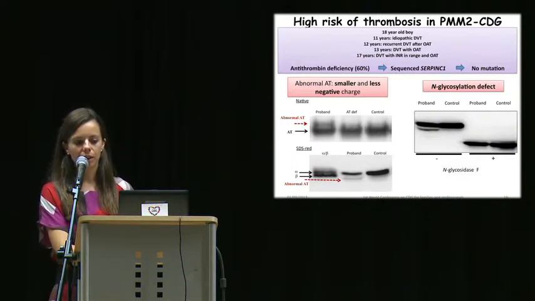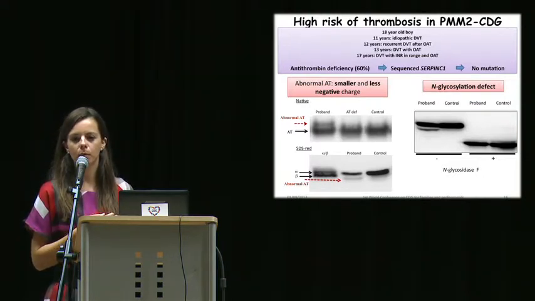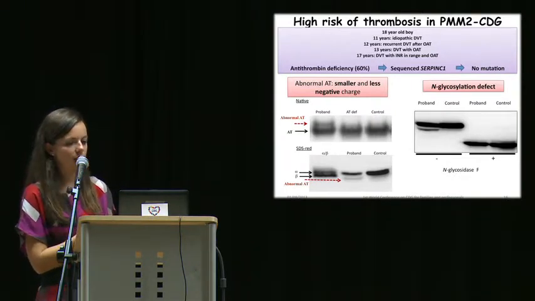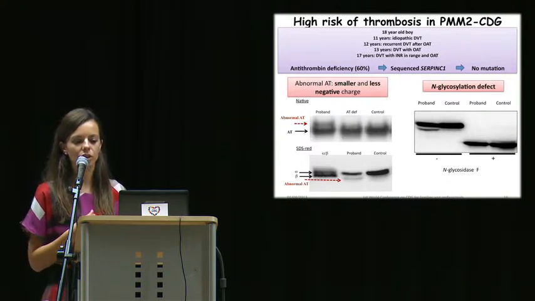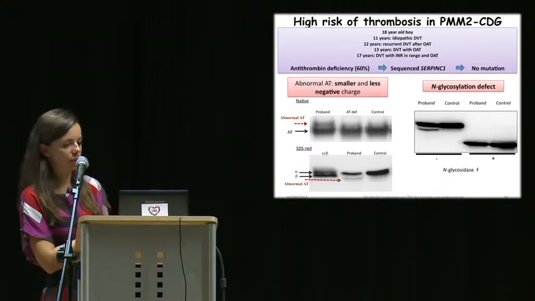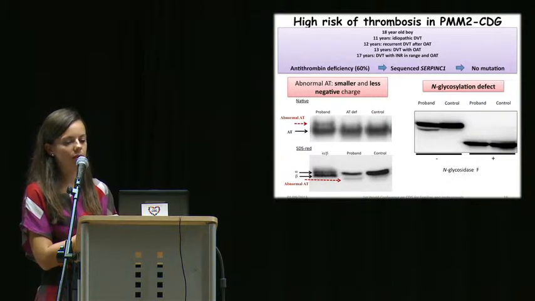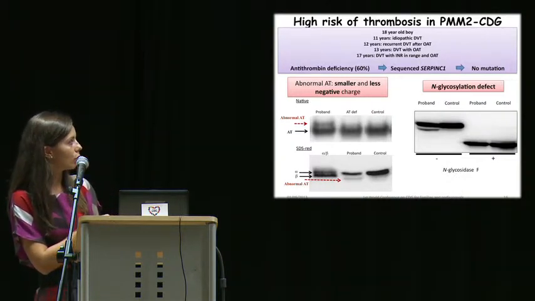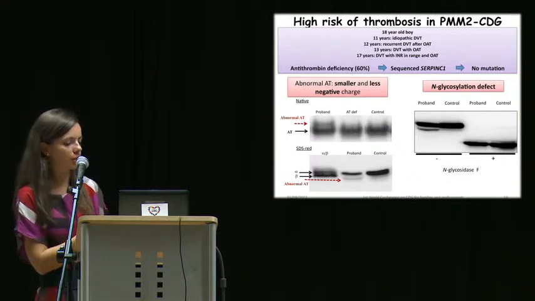And after several studies ranging from molecular studies to protein studies, we found that this patient has glycosylation defects in some hemostatic proteins or in some plasma proteins like antithrombin or alpha-1 antitrypsin.